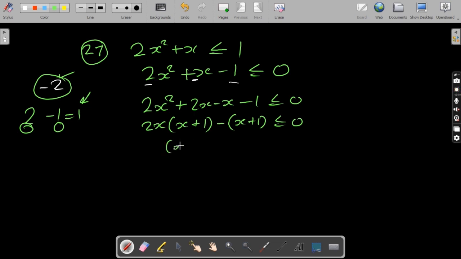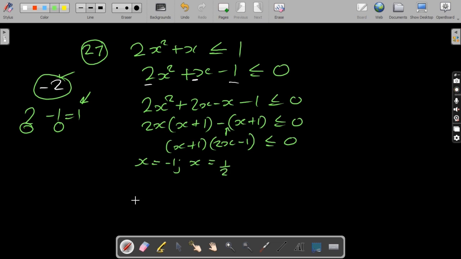Then these two are common brackets, which means I can take them out: x plus 1 times 2x minus 1, less than or equal to 0. The critical values are basically the roots which you'd find if you had an equal sign. So in this case, x equals minus 1, as well as x equals a half, right? These are our critical values.